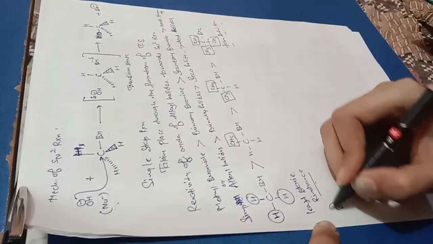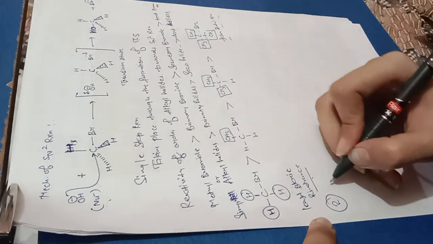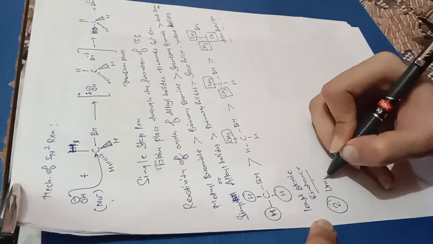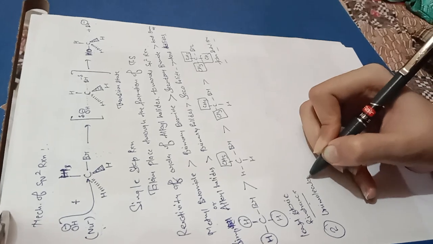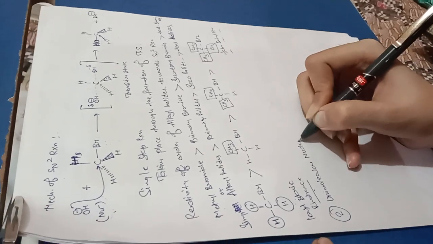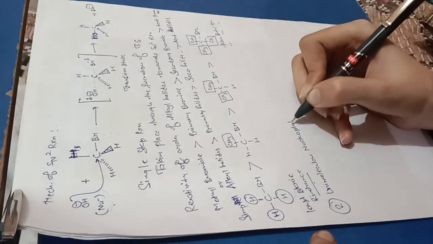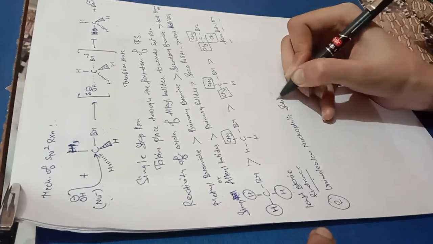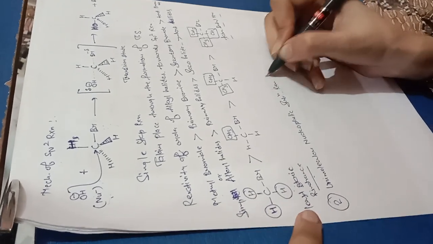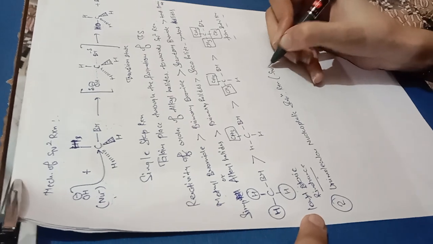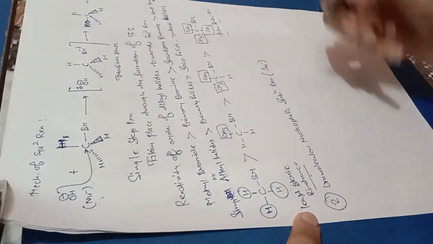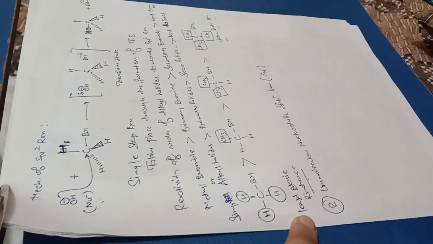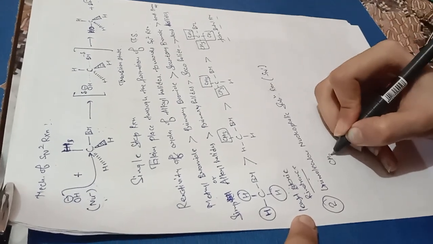Now let us discuss the second, unimolecular nucleophilic substitution reaction, represented as the SN1 reaction. Let us take the example of tertiary butyl bromide.